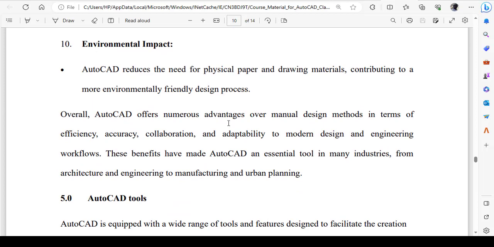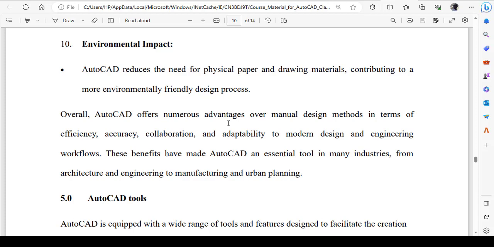And also with AutoCAD, you don't have to waste paper. It's friendly with the environment, and it's one of those things that helps to promote sustainability. So you see, it actually has more benefits than disadvantages.